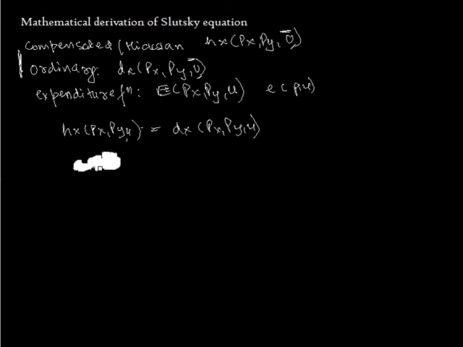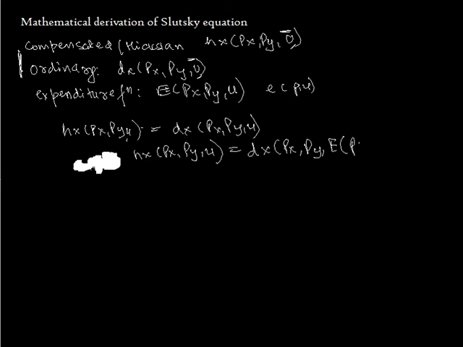So Hx(Px, Py, U) is equal to dx(Px, Py, and in place of U, the minimum expenditure which is required to attain that utility), that is E(Px, Py, U).